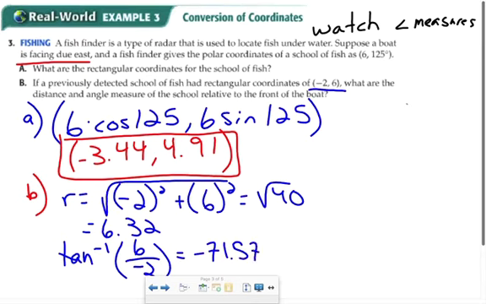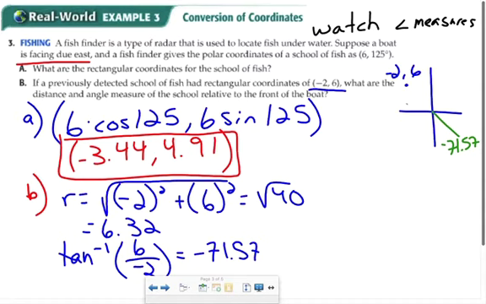Now we want to make sure to think about the reasonableness of our answer. So negative 2 comma 6 would be here. Negative 71.57 would be around here. It's in the wrong place.